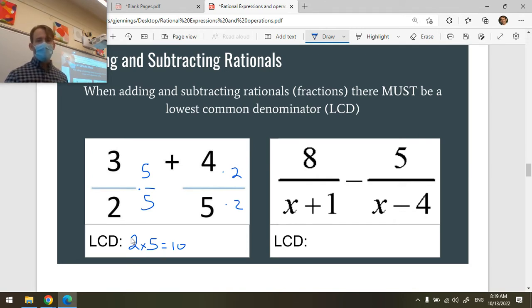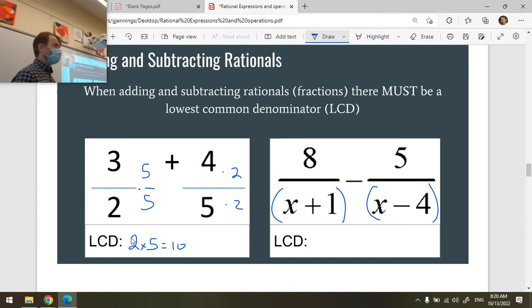Over here, we also need to create a lowest common denominator. What is the lowest common denominator here? Malcolm? Nope. We're actually going to just take these and multiply them. Can you multiply x plus 1 and then multiply the other one by x plus 4?